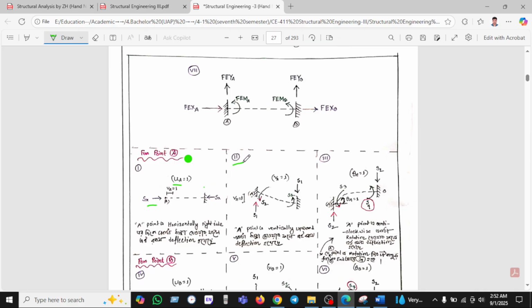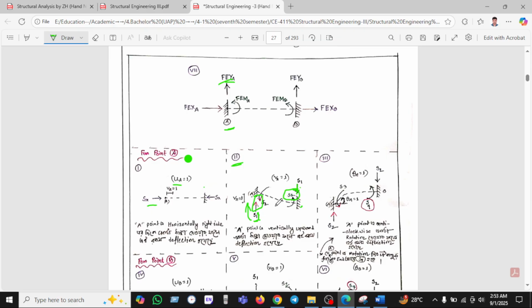In the same way for point A, we apply a vertical displacement, which is S1. If we give S1, in the opposite direction must be S2. So we give S2 upward for equilibrium purposes at the opposite support. So S1 will be here and S2 will be in the opposite direction.